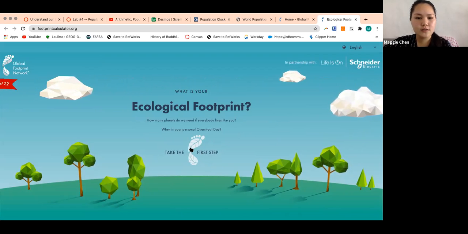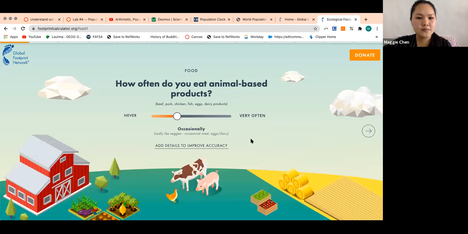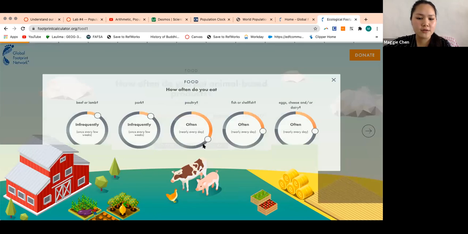So if we click into taking the first step, it's going to ask us a couple of questions about our own lifestyle. For this very first question, say for food, how often do you eat animal-based products? This quiz is only as accurate as the amount of detail you put into it. So if we wanted to say occasionally, very often, or meat daily, we can add details to improve accuracy.